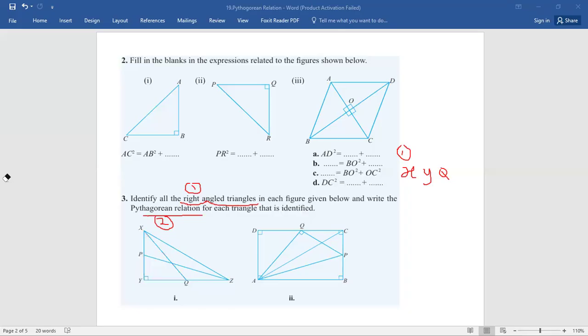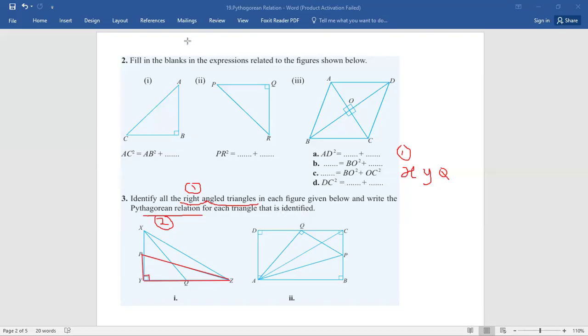So this is my right angle. Based on this, I will have to identify PY, YZ, PZ. This is my second right angle triangle.